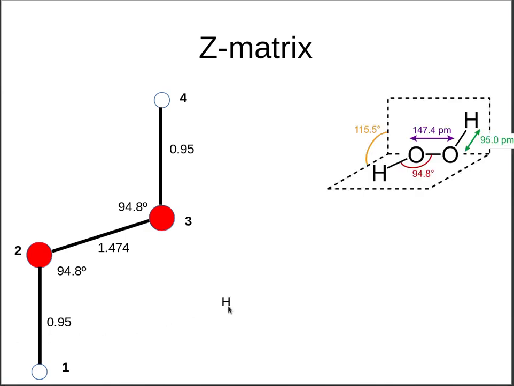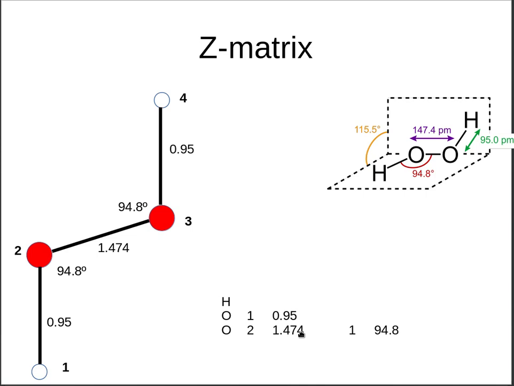Okay, so we start off with the first row. Atom number 1 is a hydrogen. Then atom number 2 is an oxygen, and it's bonded to atom number 1 with a distance of 0.95. So we're building up our Z matrix. Then atom number 3 is bonded to atom number 2 with a distance of 1.474 angstroms.